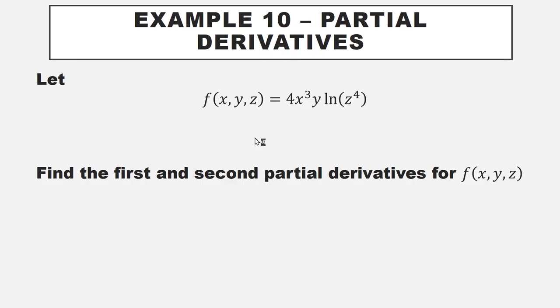Let's do one more example of the first and second partial derivatives for a function of 3 variables. Here my function is going to be 4x to the third y times the natural log of z to the fourth. We're going to find the first partial derivatives and the second partial derivatives for that function.